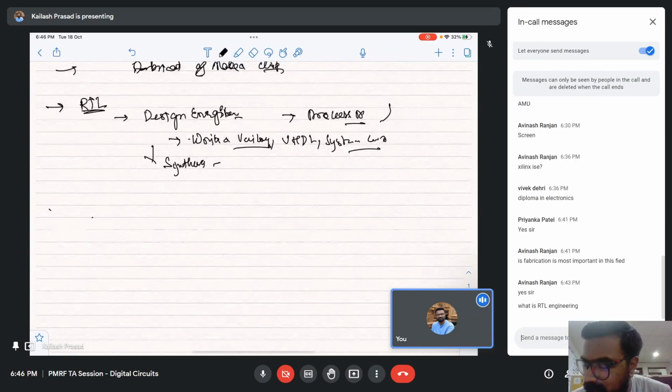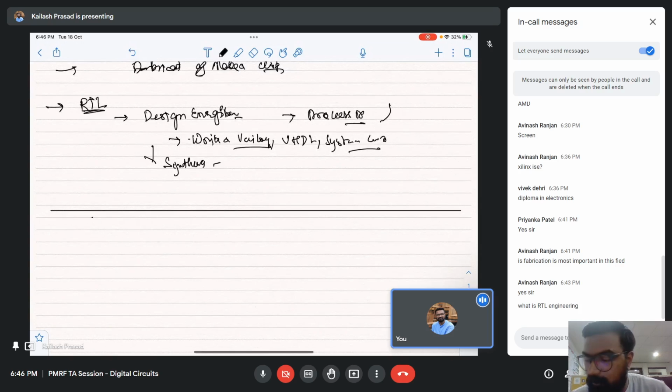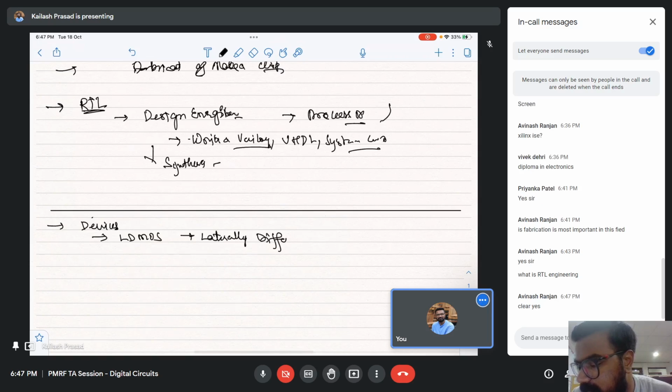You might know that various companies are working on many very interesting topics, but as an academic institute, we also work on various interesting topics, and that is the reason why you should join an institute like ours. Here at IIT Gandhinagar, we work on devices, where we make very interesting devices like what we call LDMOS, laterally diffused MOS.